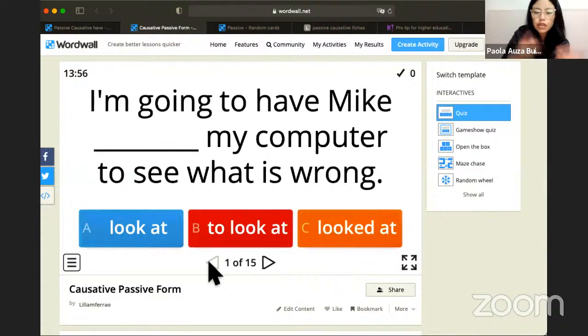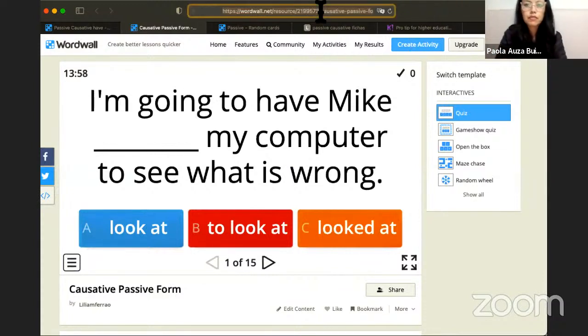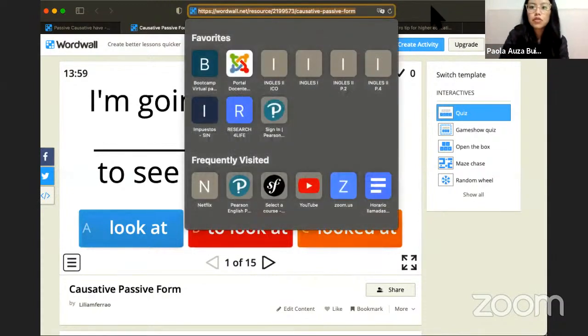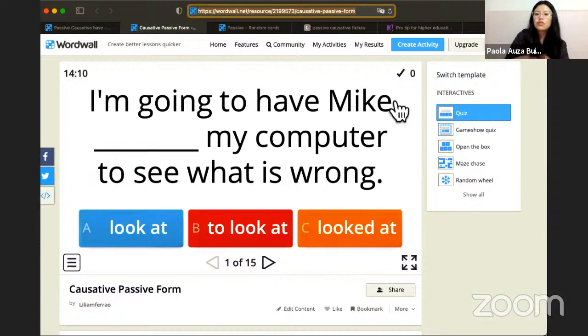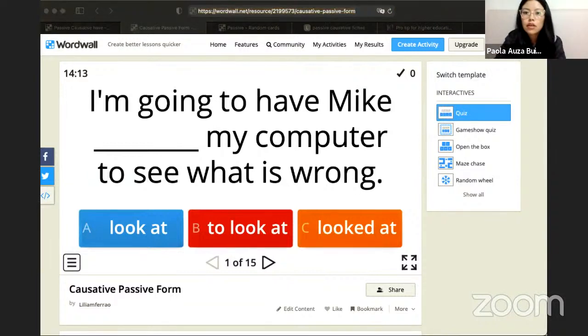So you're going to work. It's going to be random for both pairs. So I'm sharing this through the chat. So basically, what we're going to do is to read the sentence, try to recognize the tense, and then choose the correct option. All right.